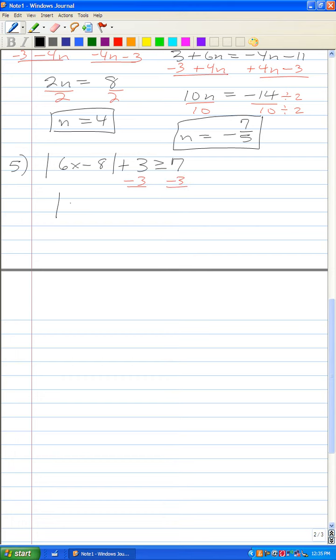And so absolute value of 6x minus 8 is greater than or equal to 4. So therefore, 6x minus 8 is greater than or equal to 4, or 6x minus 8 is less than or equal to negative 4. Let me add 8 to both sides of my inequality.